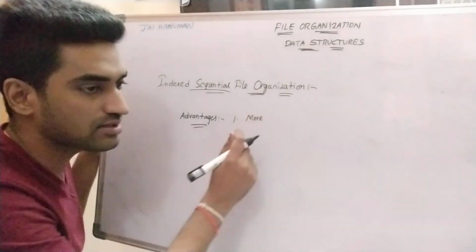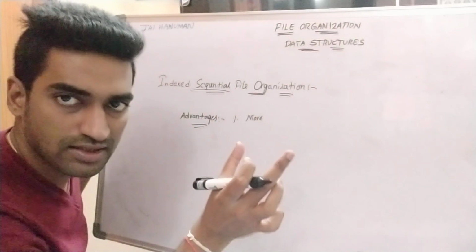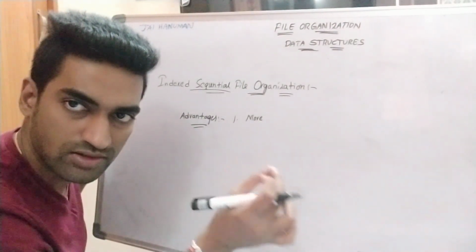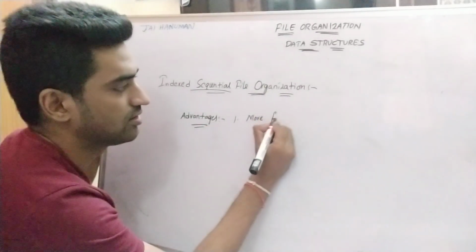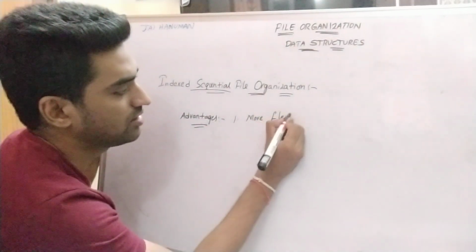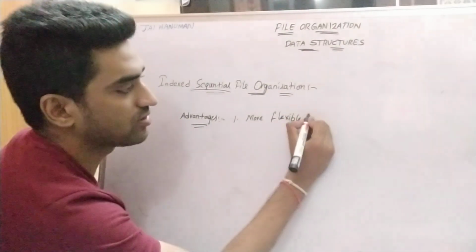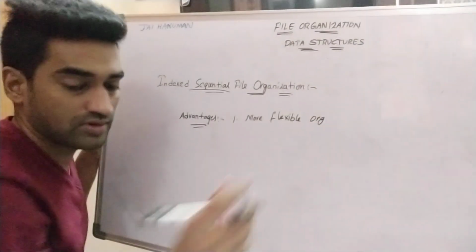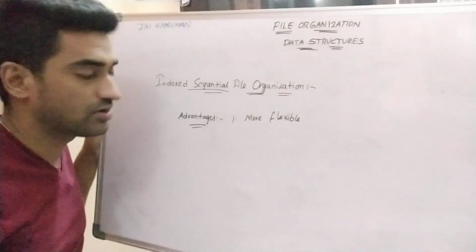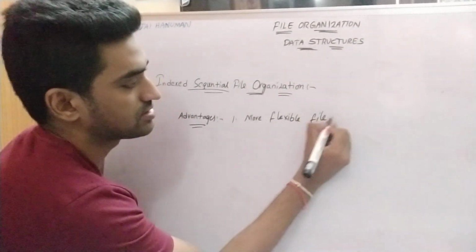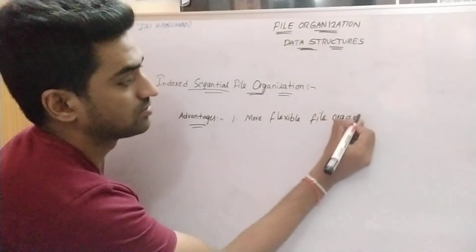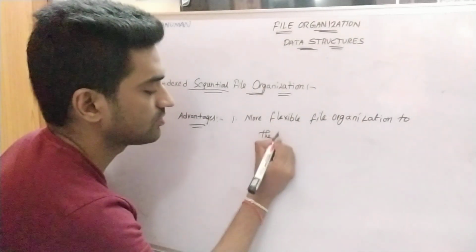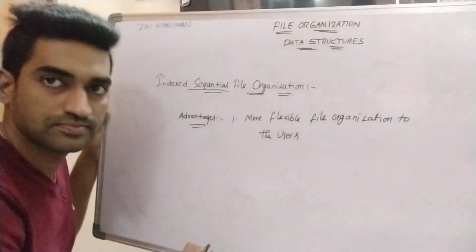Because here we are not considering the entire group, we are considering some group of records only, based on the higher index value and lower index value. That's why it is more flexible. This file organization is more flexible for comparison purposes. More flexible file organization to the users.